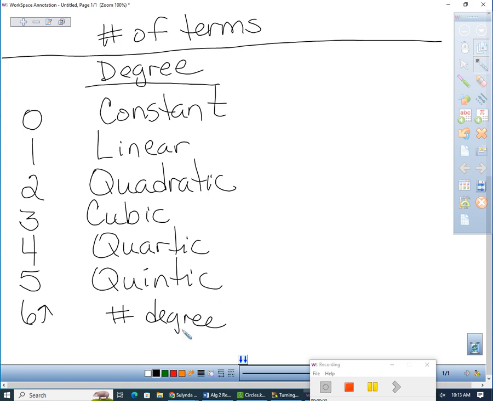The second word in classifying has to do with the number of terms. I'm going to put terms over here. If the polynomial had 0 terms, it wouldn't be a polynomial. So I'm going to put a little dash there because there is no such thing as 0. If it's only got 1 term, it is called a monomial.